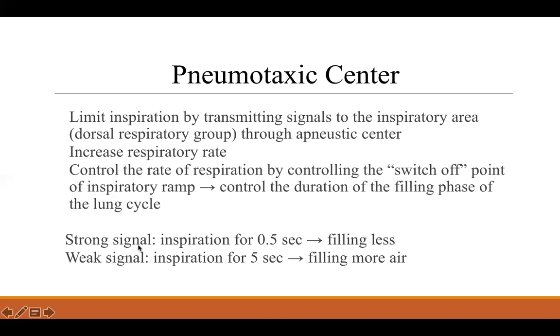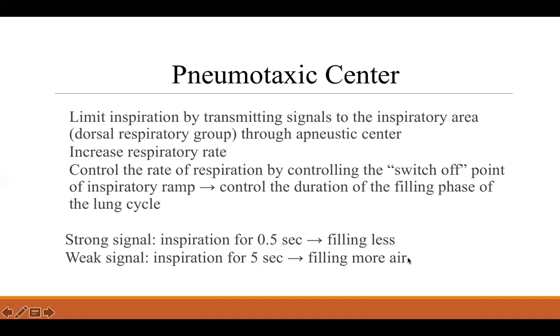So with a strong signal from the pneumotaxic center, now you are only inspiring for 0.5 seconds instead of 2 seconds before. It's now only 0.5 seconds, and therefore you're breathing faster, filling less in each breath. On the other hand, if the signals are weak, and the pneumotaxic center does not turn off the inspiratory ramp, the inspiration can go on for as long as 5 seconds, and that would help fill more air.